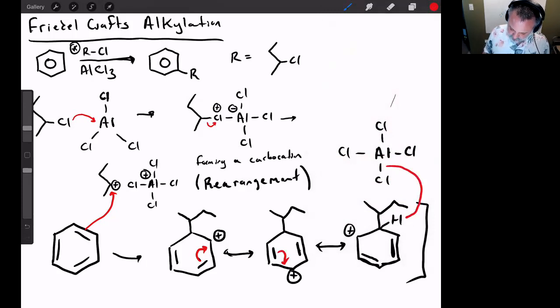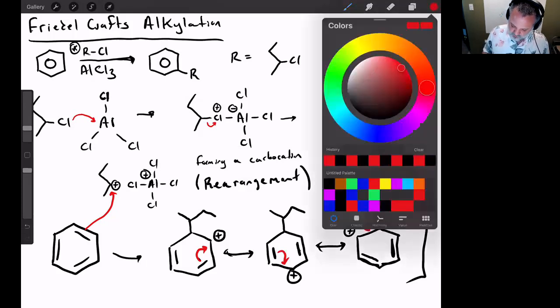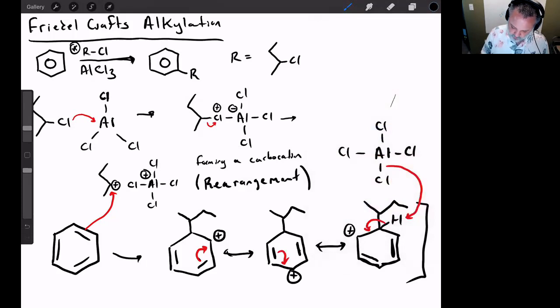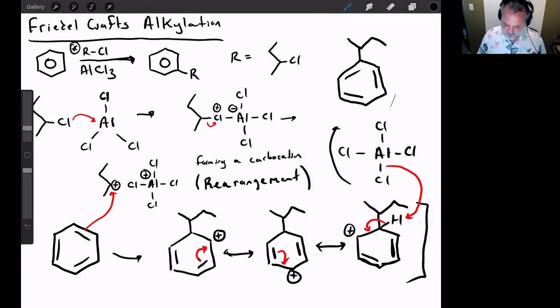So I still show this slightly unusual proton transfer move to form our final product. So this is alkylation.